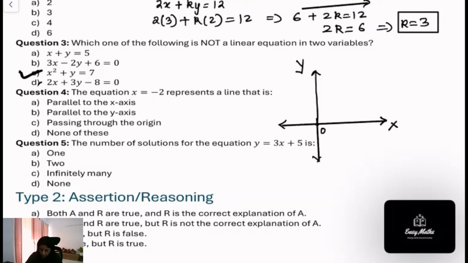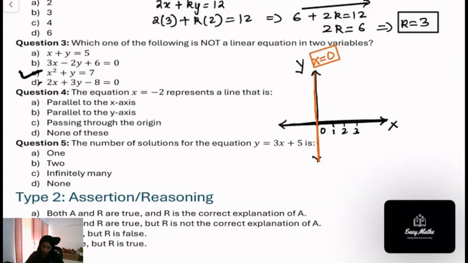Here the value of x is 0 if I am talking about this number line, and the value increases 1, 2, 3, 4. If we see this y axis, the red line, can you see what's the value of x at that point? The value of x at all the points on the y axis is 0. So we say the equation of the y axis is x is equal to 0.